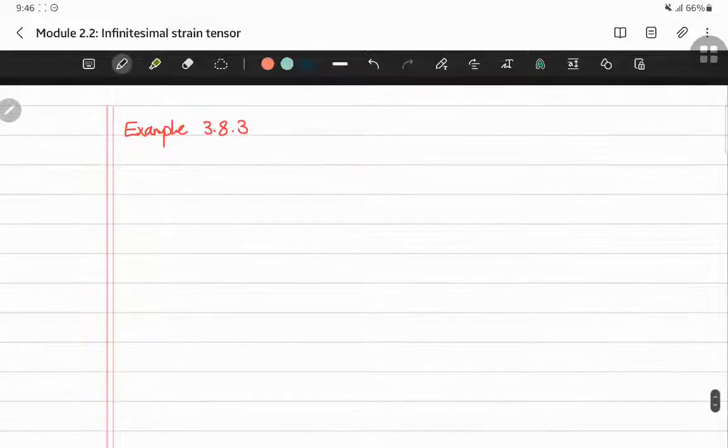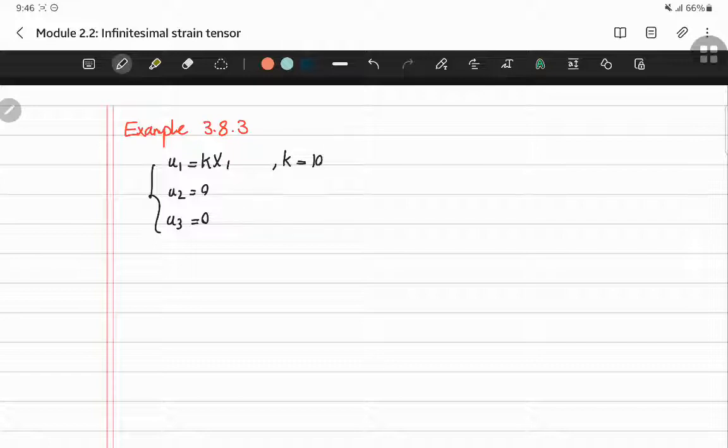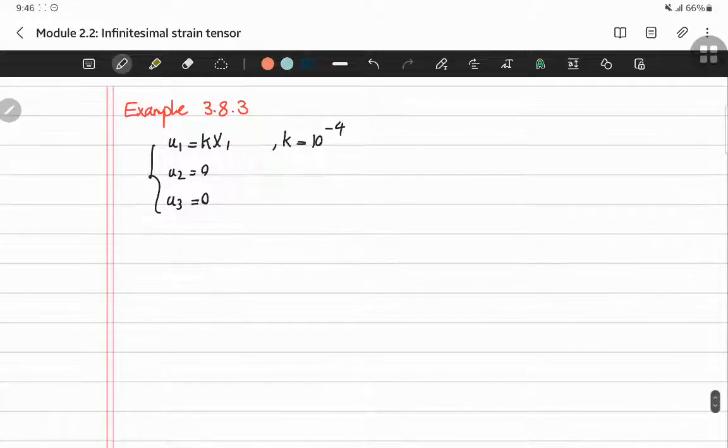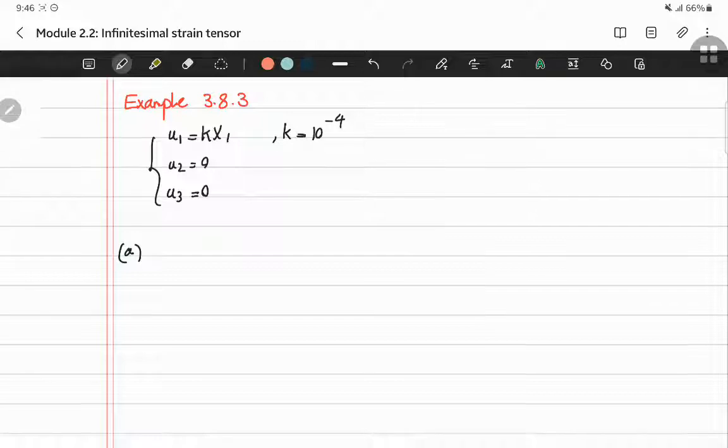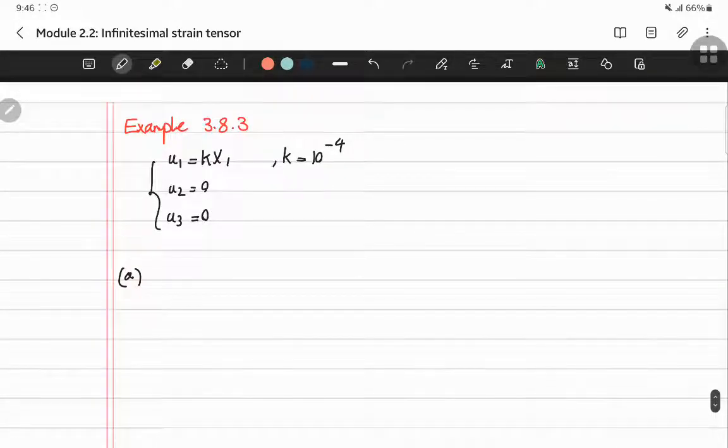So this example says that if you have a displacement field of u1 equal to kx1, u2 is 0, and of course u3 is 0, where k is very, very small. So it is 10 to the minus 4. So it says that for part A, calculate the diagonal AB. See this figure? So we have a figure in here.